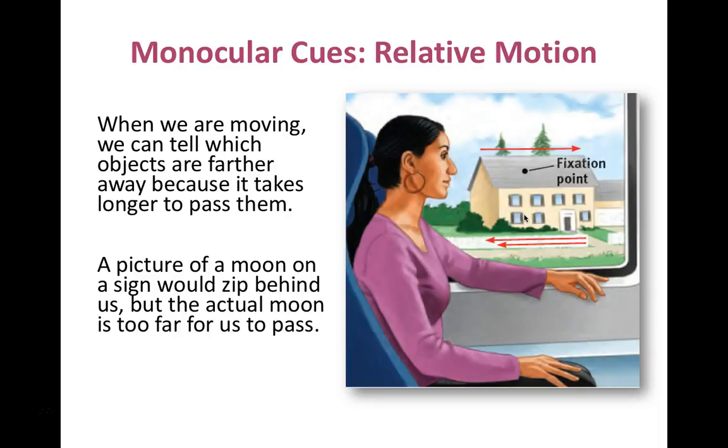And because the brain knows this, it's making an interpretation that not only tells us about distance, but allows us to perceive depth in the scene we're looking at. This is like an extreme example.